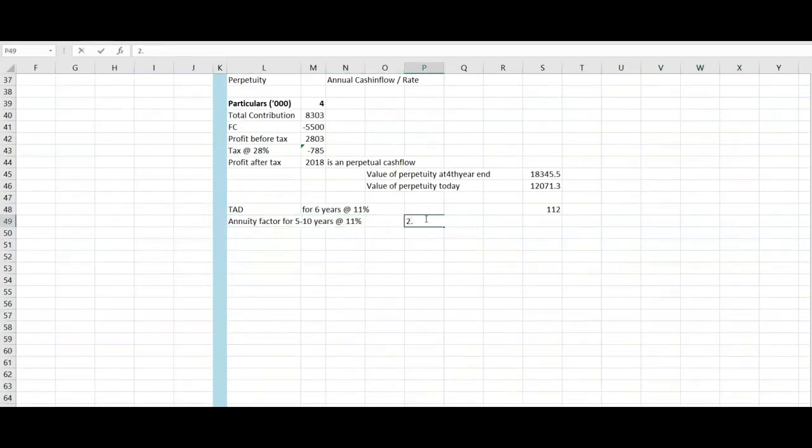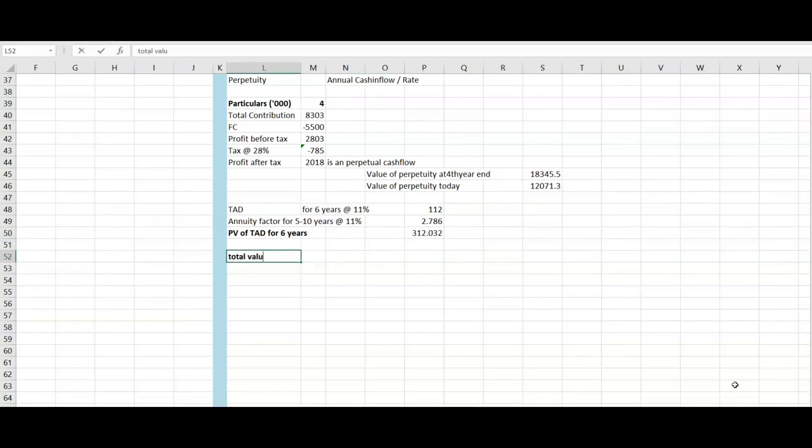So take that number, 2.786, and the cash flow was 112. So what would be the present value of TAD for 6 years? Multiply both. Every year we get 112 for 6 years. If we put that value together, it would be 312. So this number has to be added to the total value of perpetuity.